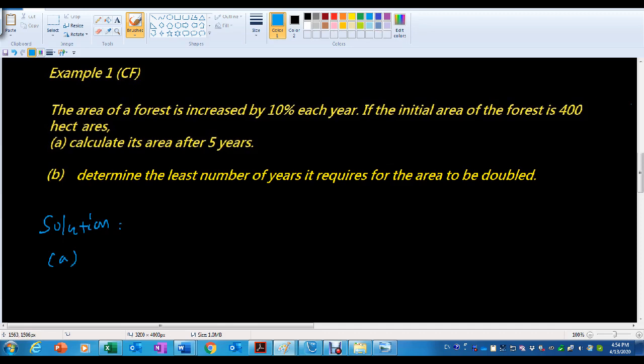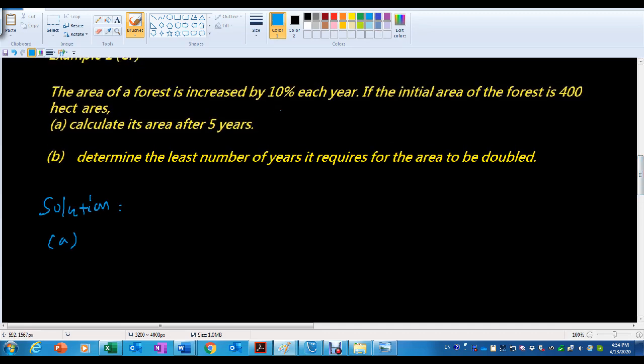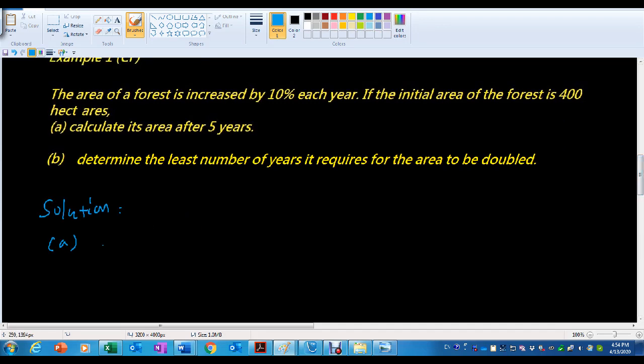Let's see what our initial quantity is. Our initial quantity T0 is 400, and now you are going to find T5, and T5 equals T0 times R to the power 5.